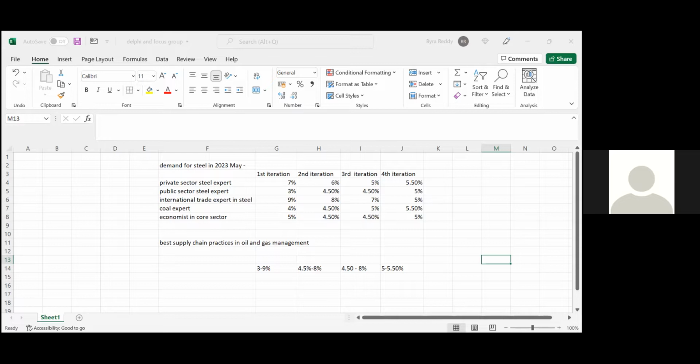Then again, we analyze and still find a gap which cannot be accepted. Then we go for the third iteration. Now, is there a possibility that some members of the expert committee may stick to what they have said and not take this further? So how do we conclude the analysis when the experts say the opinions are not matching and there is a conflict of opinion? How do we conclude such analysis?